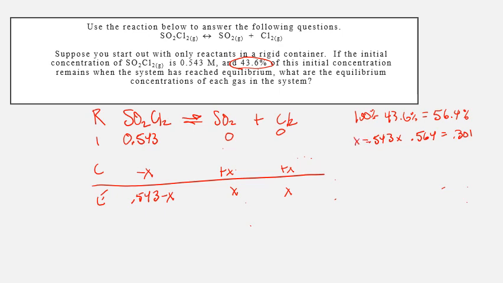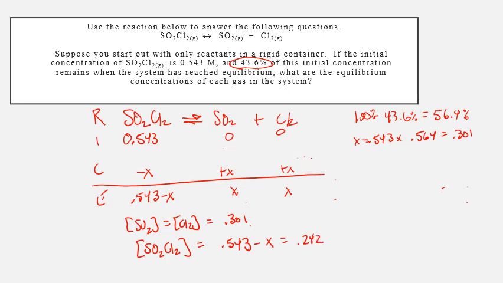So now I can plug it in. Both my concentration of the SO2 and the Cl2 would be equal to 0.301. And then the concentration of the SO2Cl2 would be equal to 0.543 minus x, or 0.301, which would give me 0.242 that would be remaining.